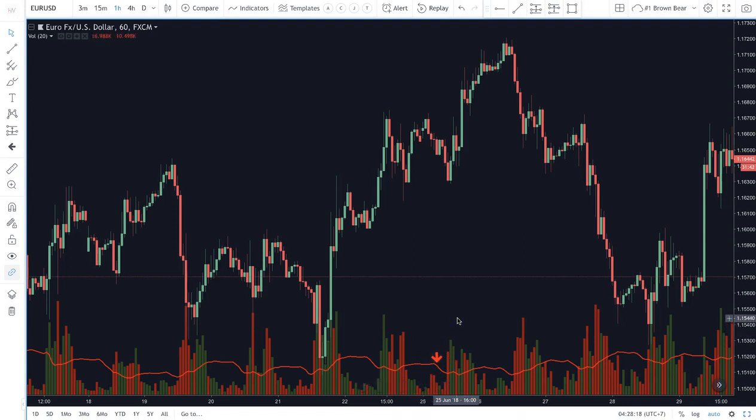If you're trading, for example, the 60 minutes, then an average of 20 to 24 seems to be good, because if you're looking at London today, you can compare it to the London market yesterday and have an idea of whether the volume is above average or below average. I just kept it at the standard 20.